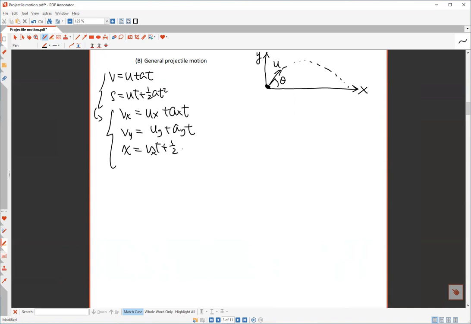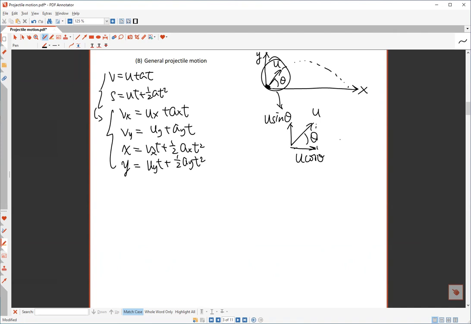What's different is that the initial velocity is not horizontal. So you need to decompose the initial velocity into two components. One is along the horizontal, which is u cosine theta, and one is along the vertical, which is u sine theta.